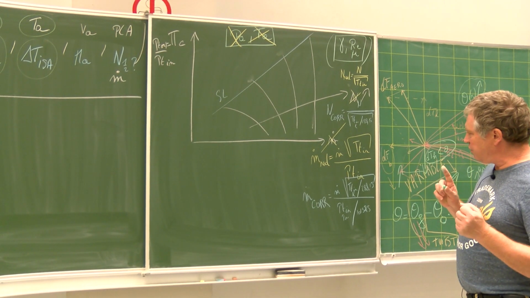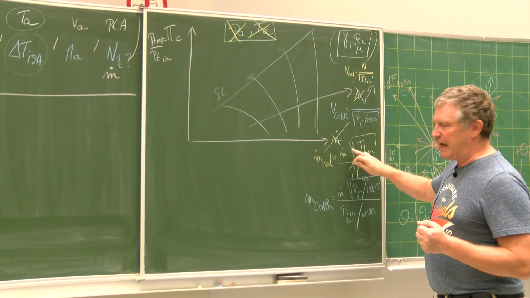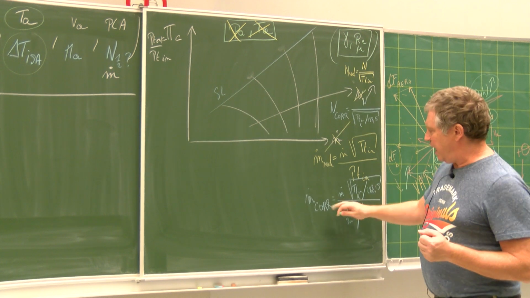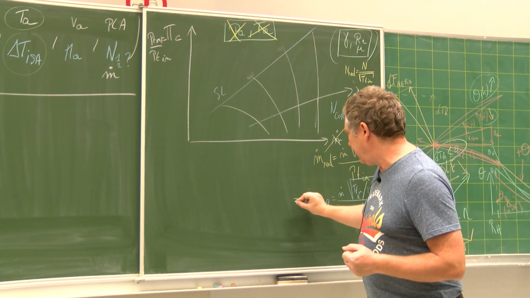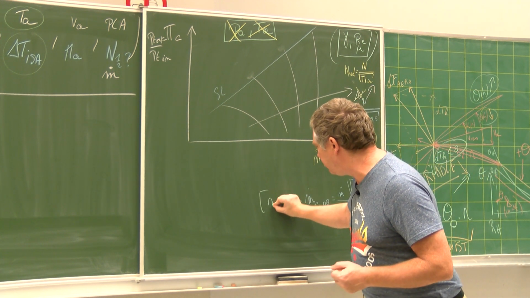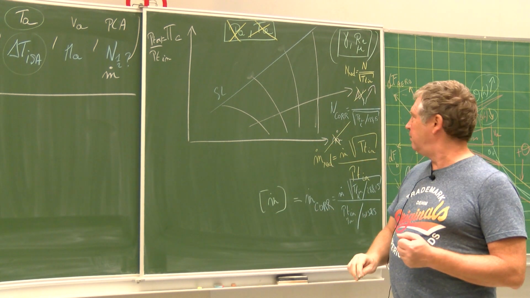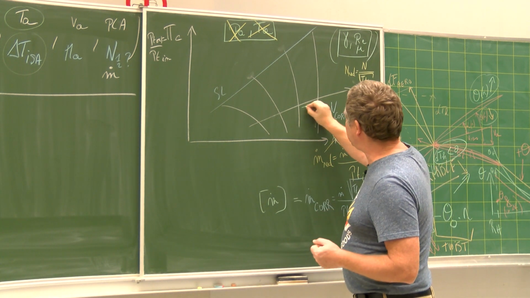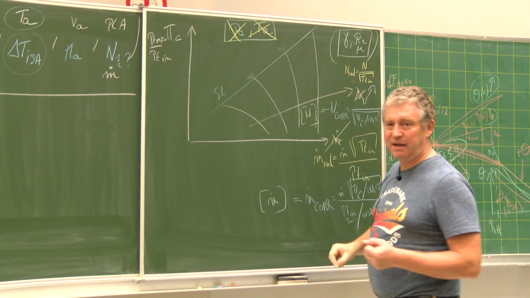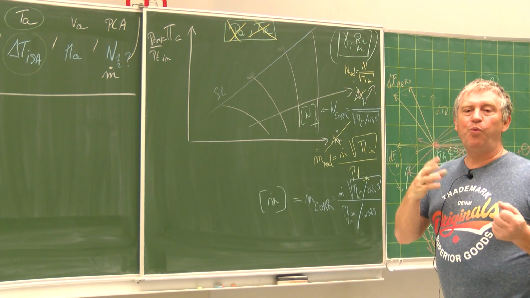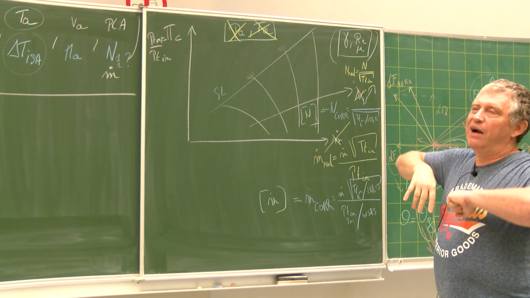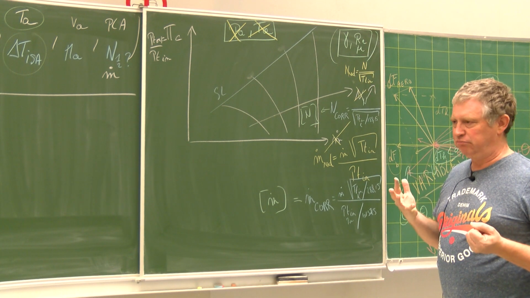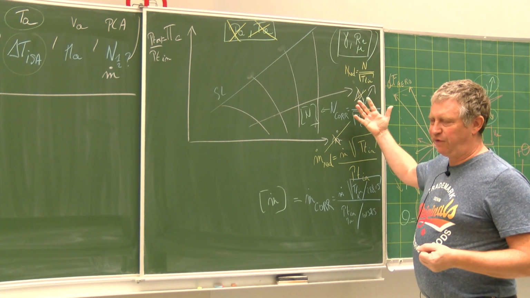This is because m reduced has a very strange unit. m corrected has the same unit as m dot, and N corrected has the same unit as N. So you are in the world of the reduced variables that we call corrected variables.